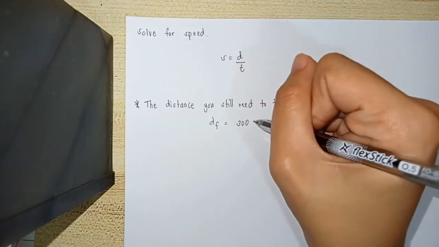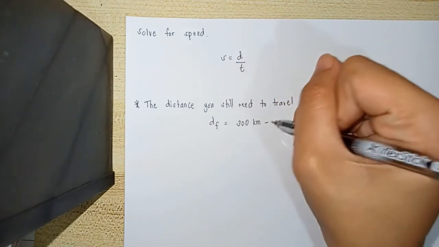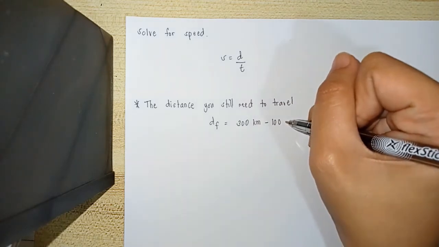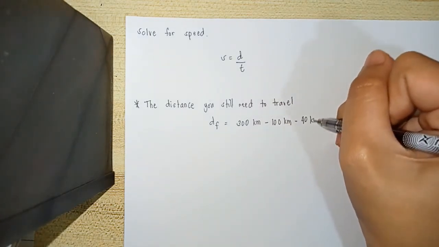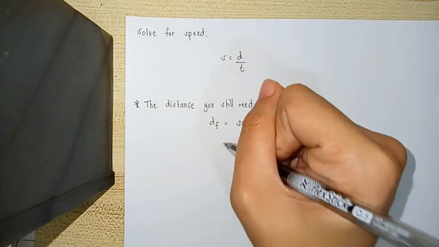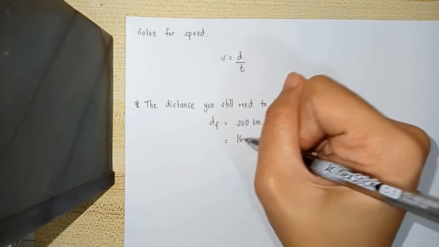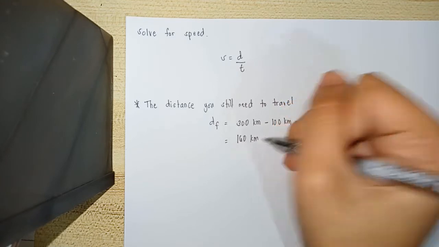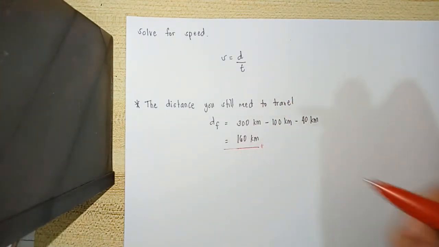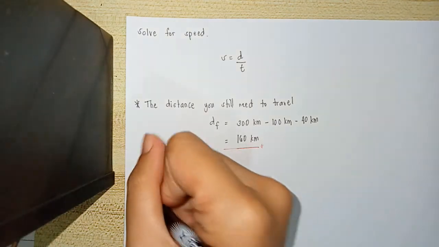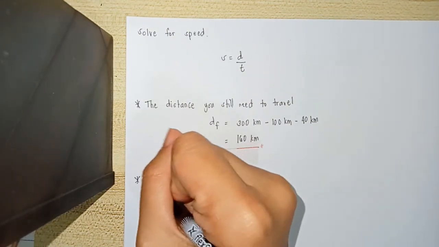Final distance is equal to the total distance you need to travel, which is 300 kilometers, minus 100 kilometers, minus 40 kilometers, because you already traveled 140 kilometers. So 300 minus 100 minus 40 is 160 kilometers. So we are done with D.